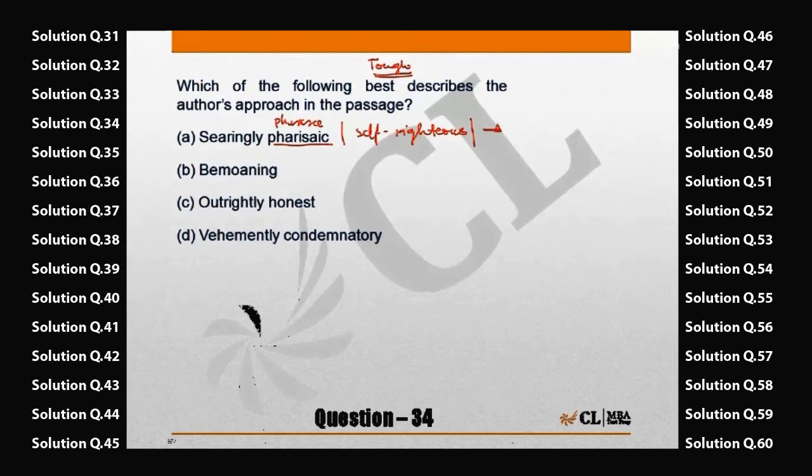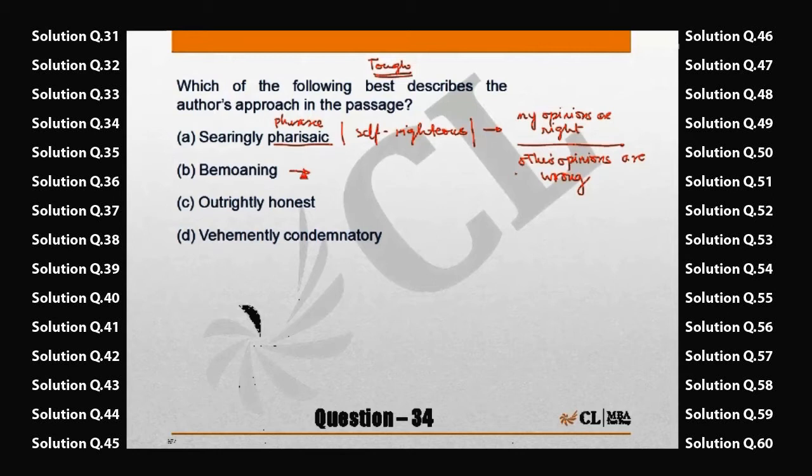Self-righteous is a position which says, my opinions are right, others' opinions are wrong. That's a position. I am right, you are wrong.